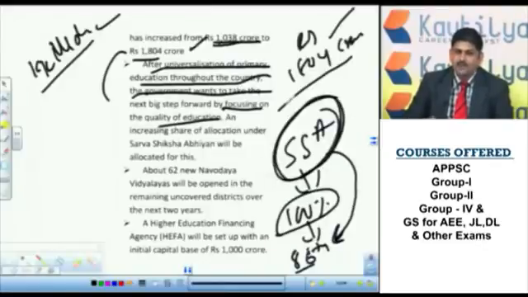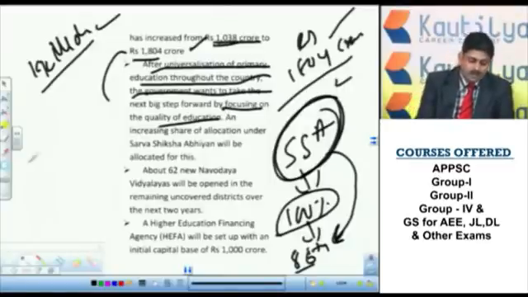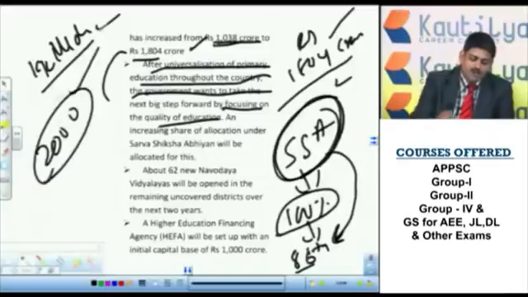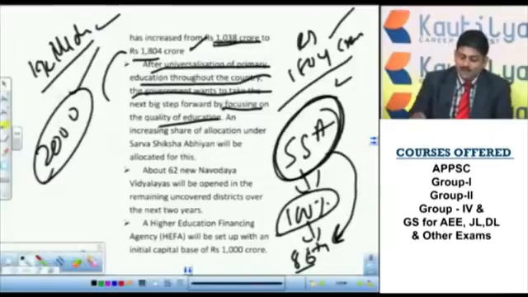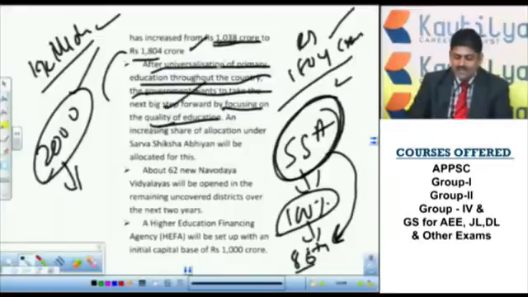In order to implement this, Sarva Shiksha Abhiyan was started in the year 2000 when the Atal Bihari Vajpayee government was there. Now this time, the focus is not merely on providing education, but on providing quality education.